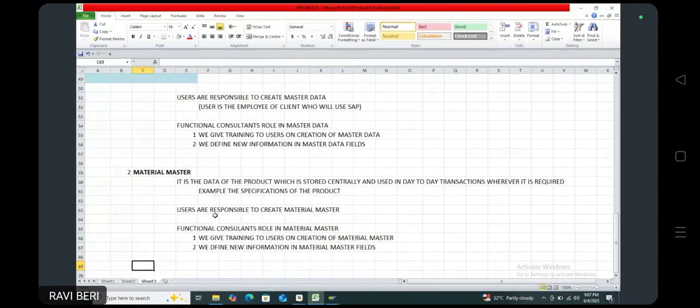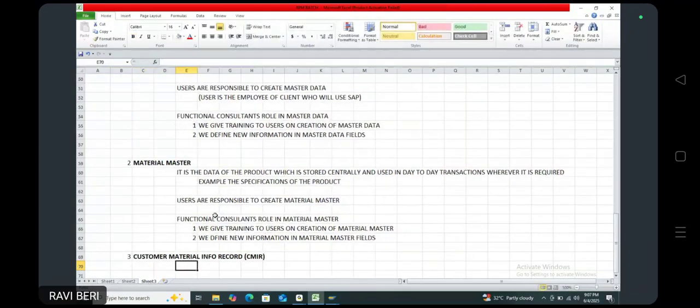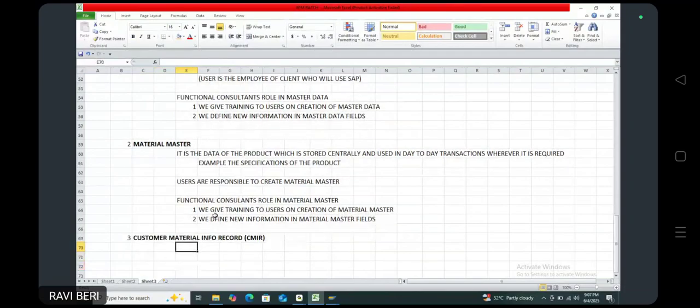Next, third one, take this: customer material info record, shortcut CMIR. So some customers, when they place orders, have their own material codes.